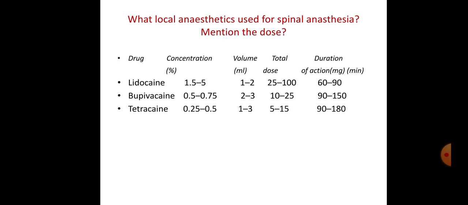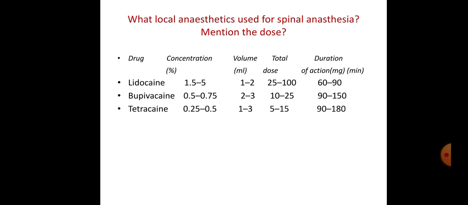The concentration of lidocaine is 1.5 to 5%. The volume will be 1 to 2 ml. The total dose given will be 25 to 100 milligrams. The duration of action for lidocaine is 30 to 60 minutes.